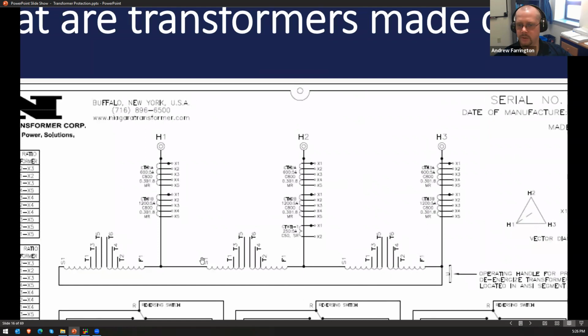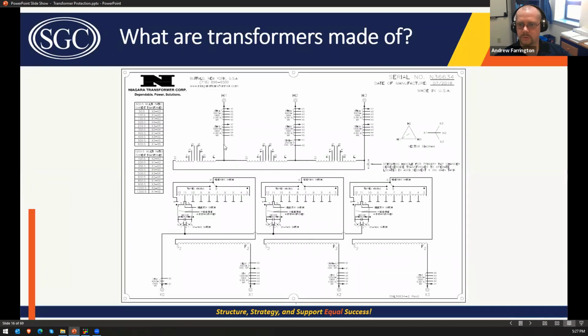This nameplate is showing the winding configuration. So the high side of this transformer is in a delta. It also shows the vector diagram.